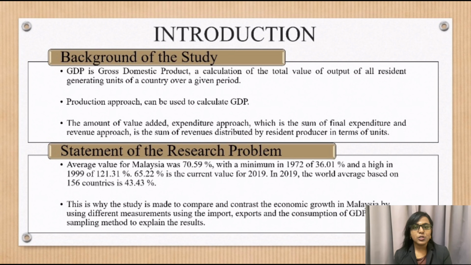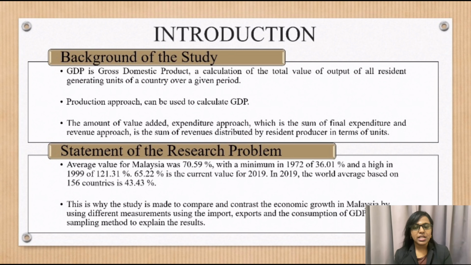It is also a component in the calculation of the gross domestic product, GDP. GDP is calculated by the amount of value added, the expenditure approach, which is the sum of final expenditure, and the revenue approach, which is the sum of revenue distributed by resident producers in terms of units.